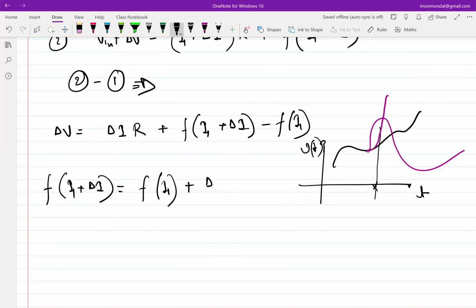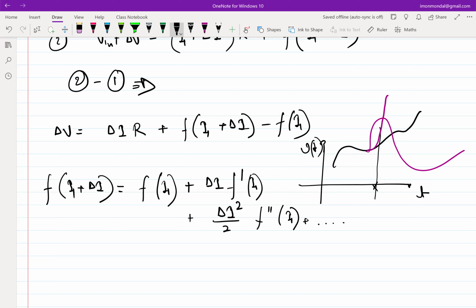So it will be delta I times f dash A1 plus delta I squared by 2 and so on. Correct? So now we say that I'm interested in only small changes.